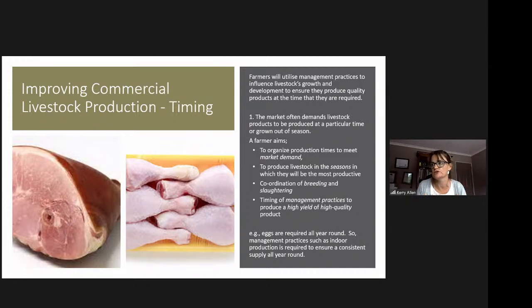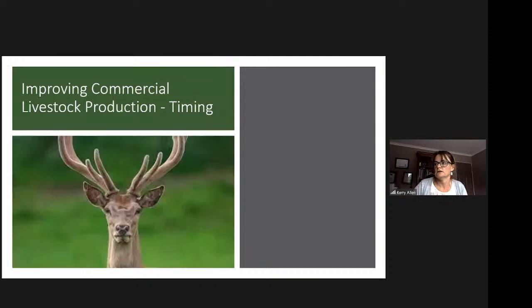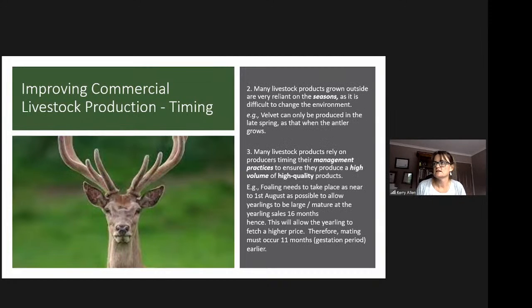So how are you going to do it? You have to be able to coordinate maybe lighting, a controlled environment, to get that. Okay, but you're going to meet that market. So timing, once again, sometimes, as I said, they're growing out of season, so you need to be able to manipulate that in order to get your product to market.